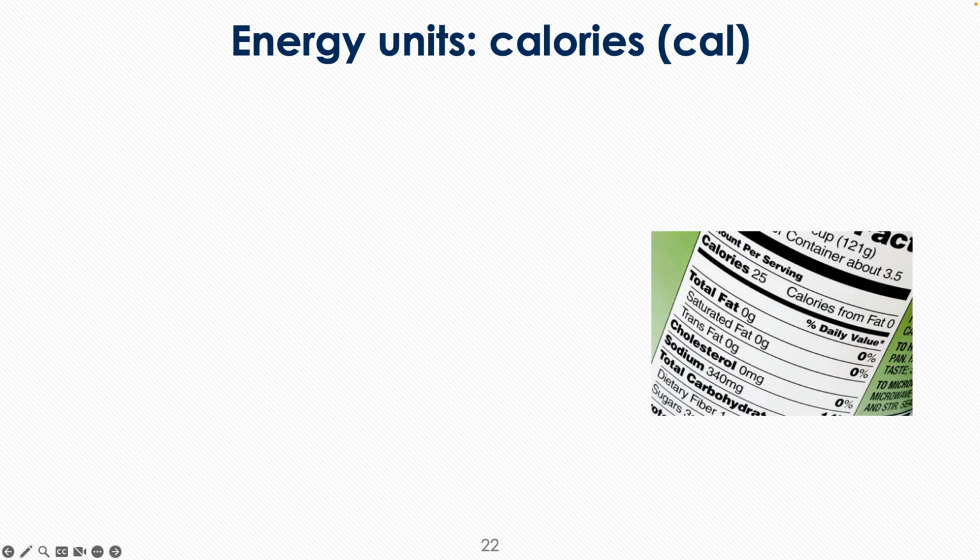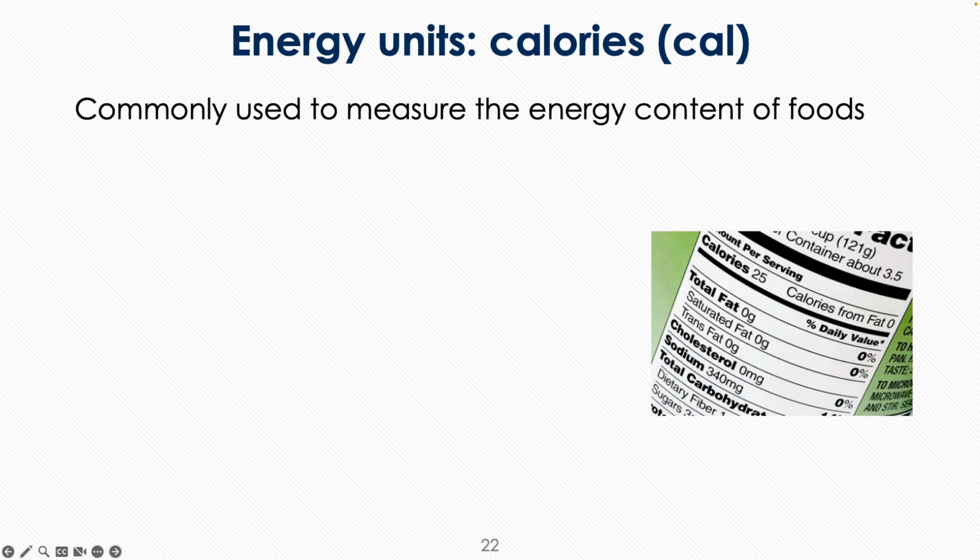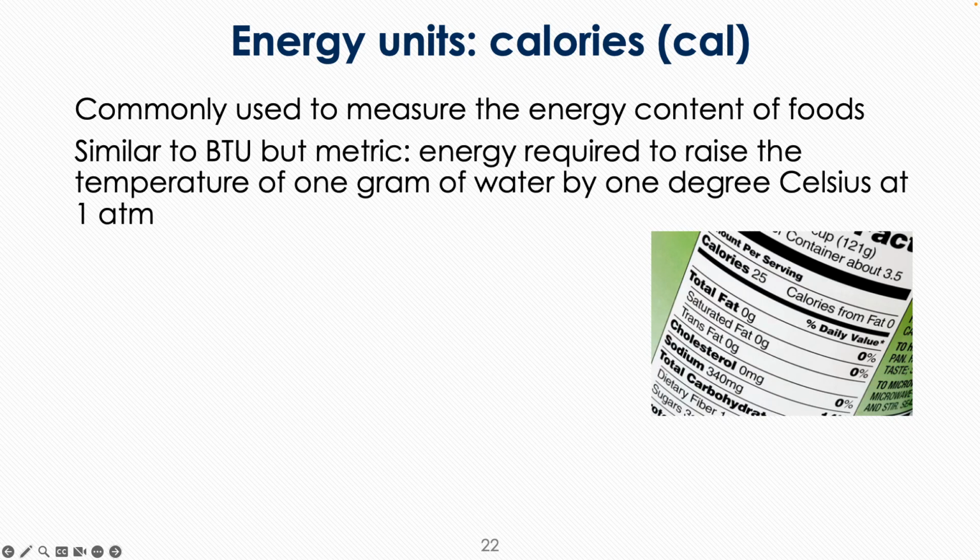Last one to talk about, energy units for food. I think most people are pretty familiar with this. This is similar to BTUs actually, except that it uses units in metric.